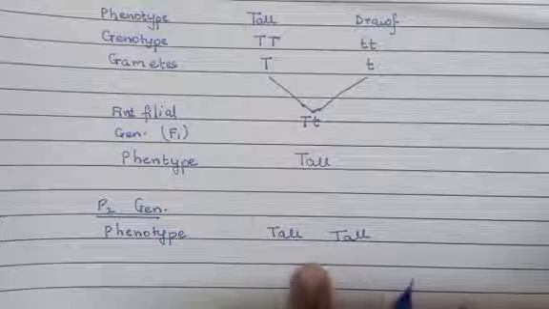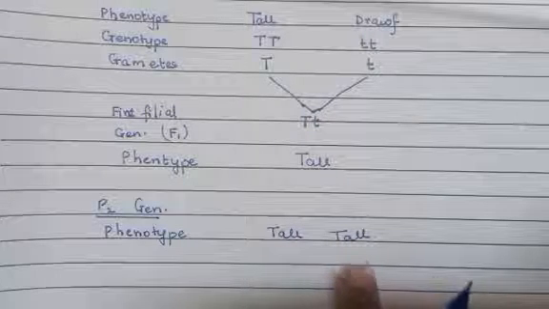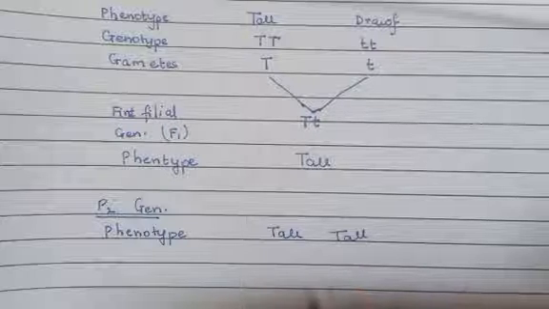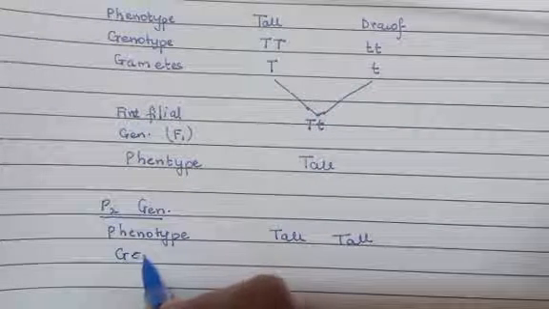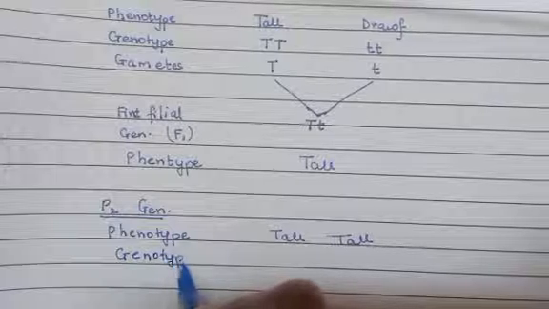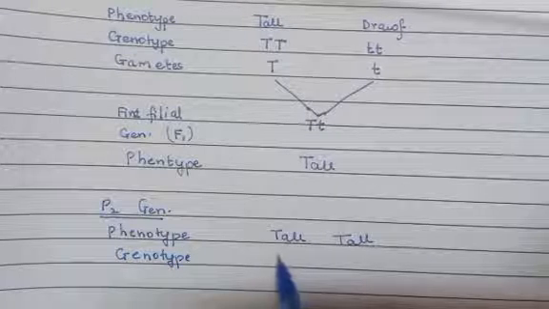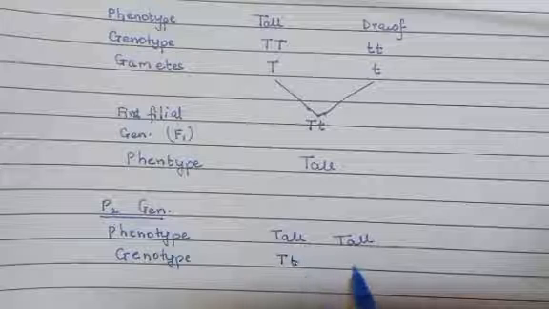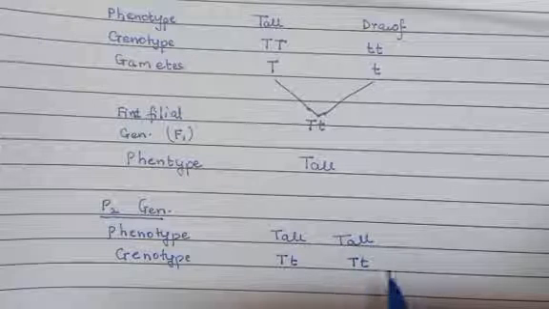Though the plants are looking tall, their genes are different. So the genotype over here for these tall plants was capital T, small letter t, capital T, small letter t.